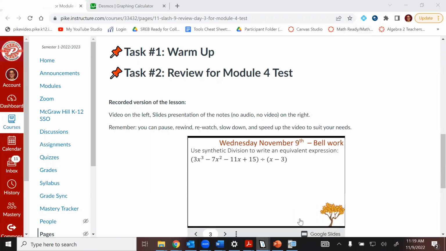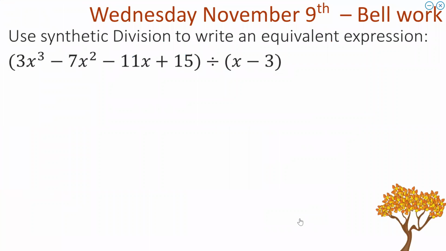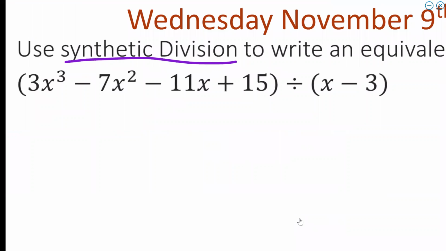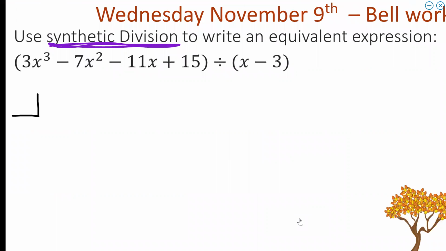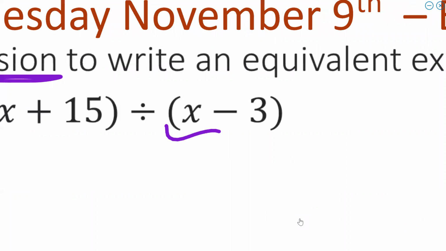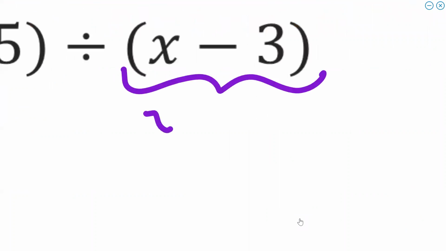All right, so the first thing I want to do if I'm going to use synthetic division. First I need to find the number that's going to go in this little box over here, which means I'm going to take the x minus 3, the little part, and set it equal to 0 so that I can solve for x.